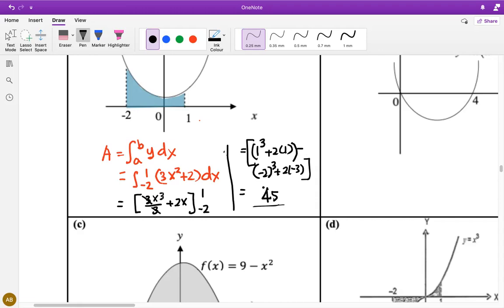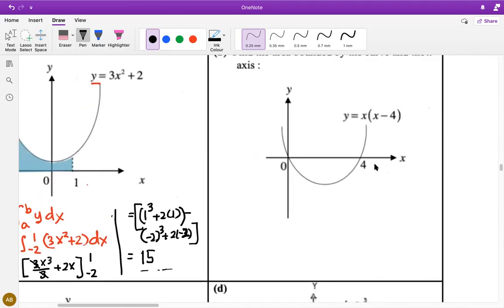Sorry, this one is -2. Why 45? Sorry, I think I pressed it wrongly. So it's 15, sorry about that. So 3 plus 8 plus 4, so it's 15. Okay, correct.